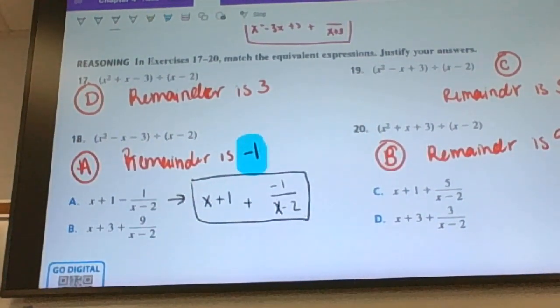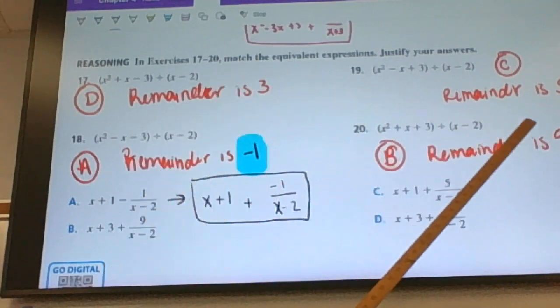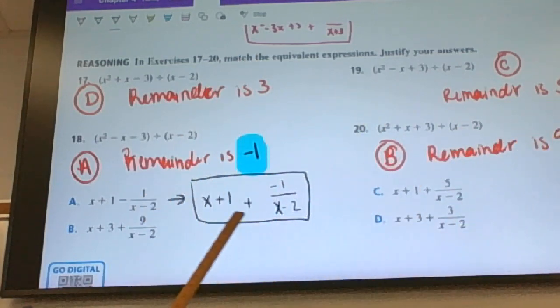I want to point out something I haven't had a chance to until this moment. Okay, here it is. When I look, remainder 3, remainder -1, remainder 5, remainder 9. I want to point out to you that negative remainders can be written differently.